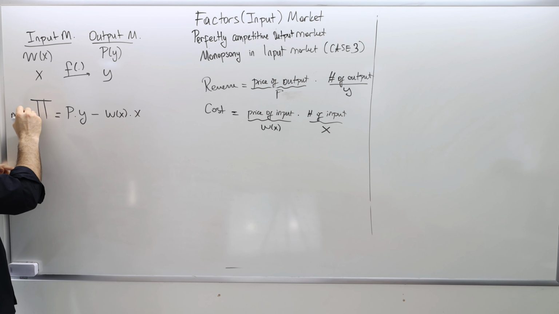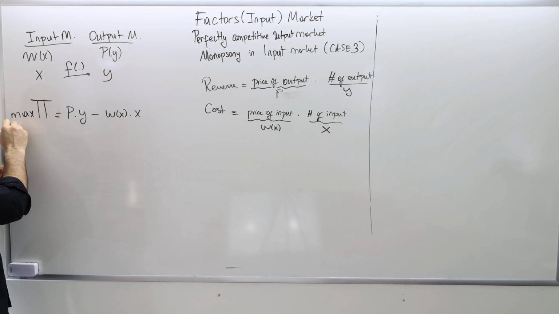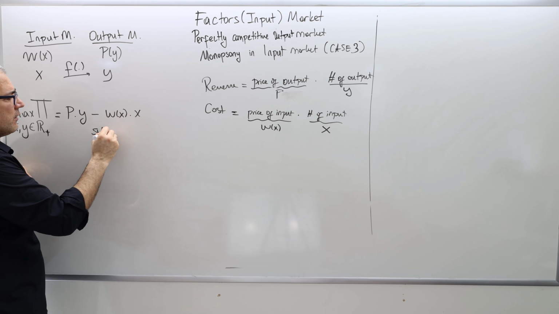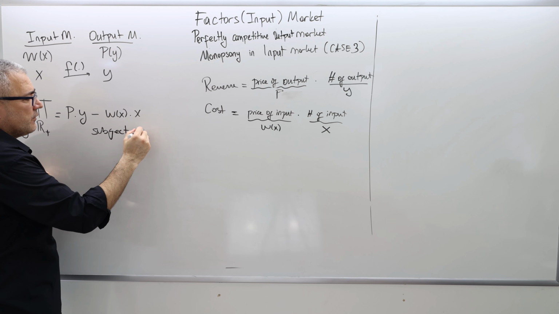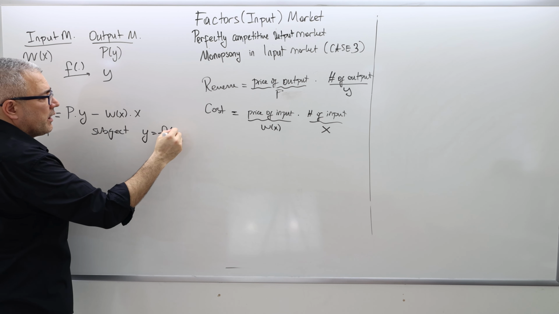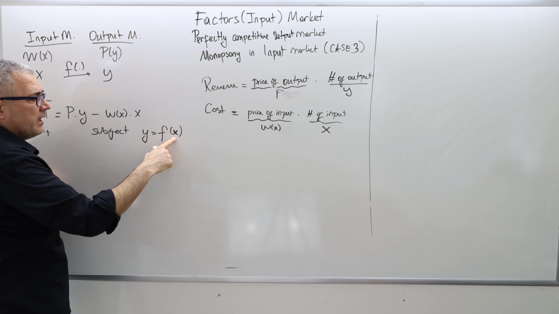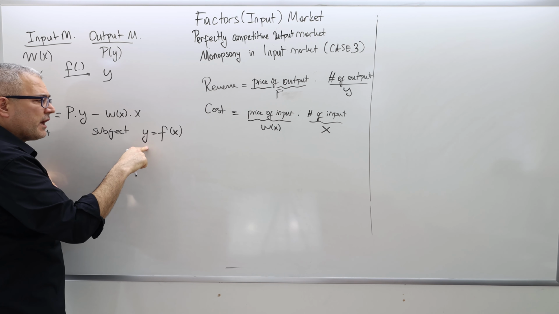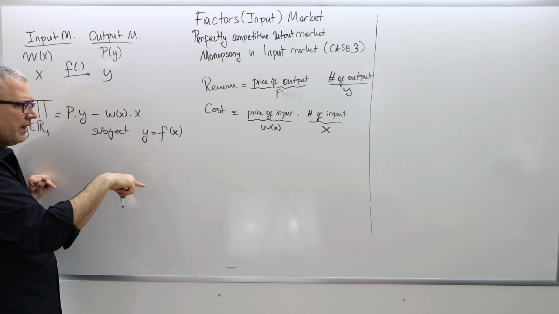The optimization problem is to maximize the profit by choosing not only x but also y, some non-negative numbers, but obviously don't forget we are always subject to the production function, where if you hire x many inputs, you can produce y many outputs, no more, no less.